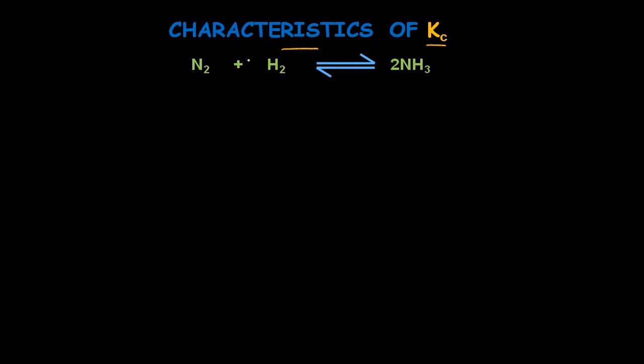Suppose we have an example of nitrogen and hydrogen reacting together to form ammonia. Now we know that the forward reaction is exothermic. If the forward reaction is exothermic and we increase the temperature, then according to Le Chatelier's principle, the reaction will move in such a direction to decrease the temperature. To decrease the temperature, it should favor the endothermic side, that is the reactant side.